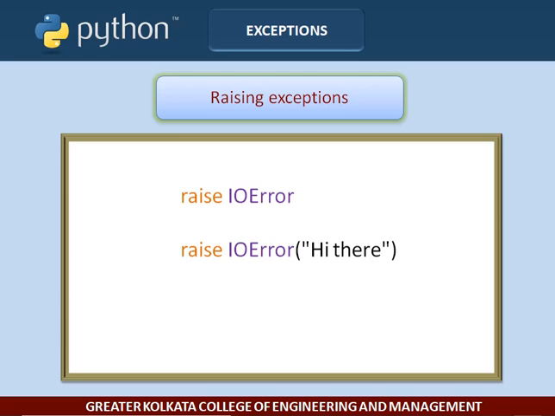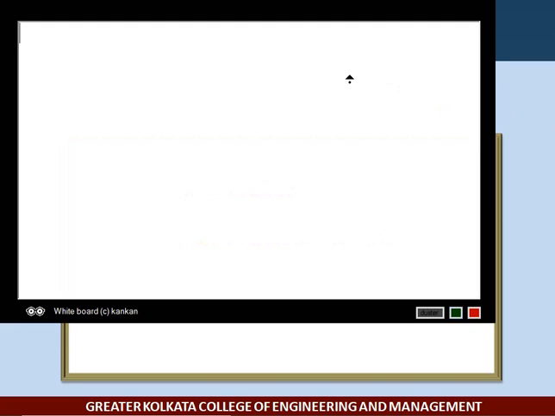So one thing I need to mention there, that you can write down except Exception as E. Okay, so this is the variable.